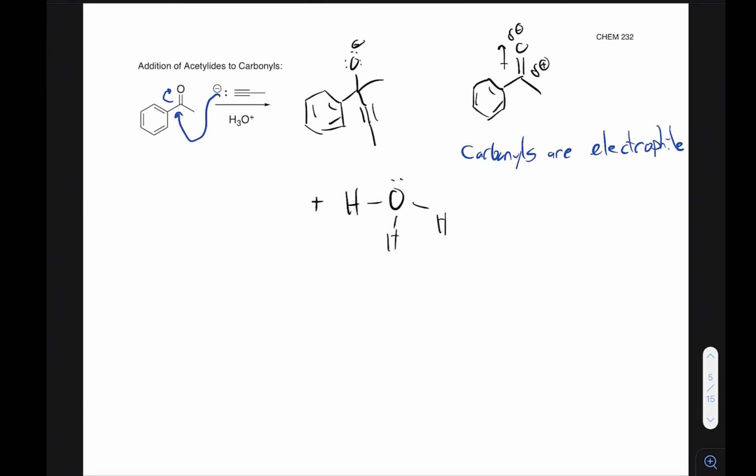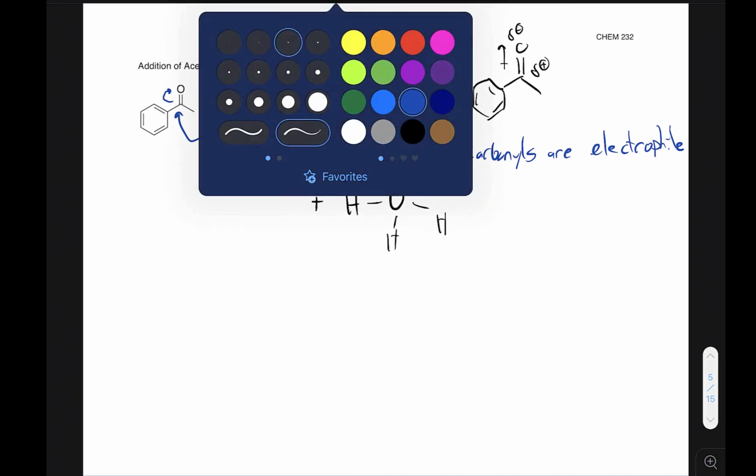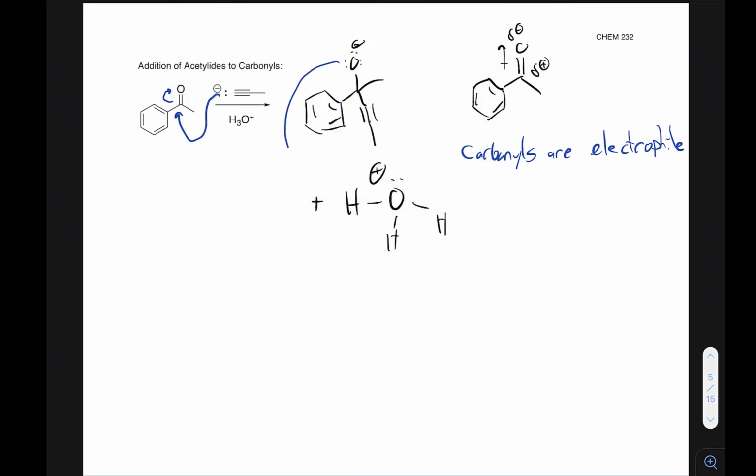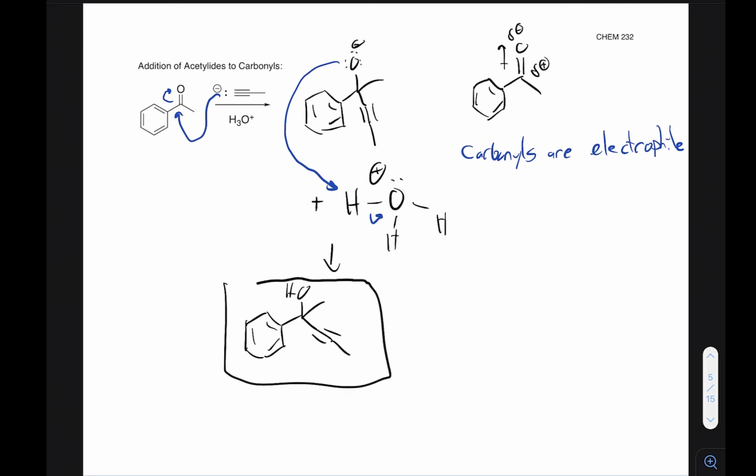This is essentially just quenching the reaction, making everything neutral at the end, because negatively charged oxygen would much rather be neutral. So we use an acid to help fix that. And so our final product here from this initial ketone, this carbonyl, is the following. Now we have this alkyne as our final product here.